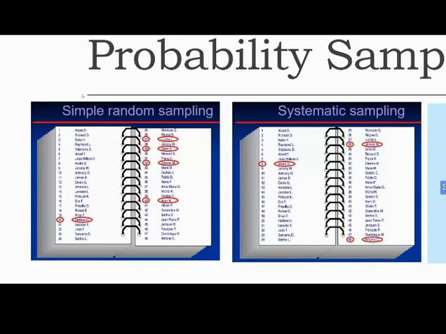How is simple random sampling done? Try to look at the picture. Randomly, sir. With no particular order or no particular reference.